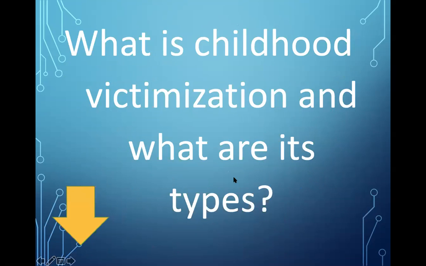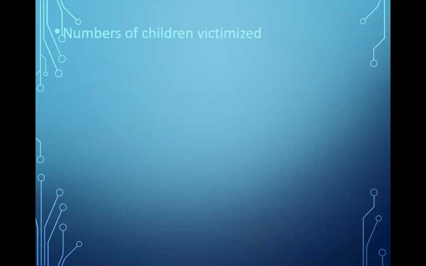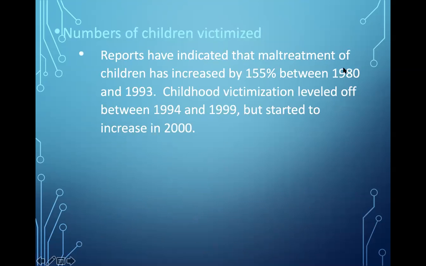So what is childhood victimization and what are its types? The numbers of children victimized. Reports have indicated that the maltreatment of children has increased by 155% between 1980 and 1993.